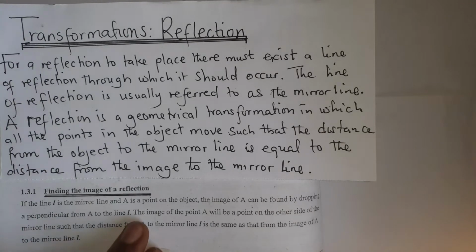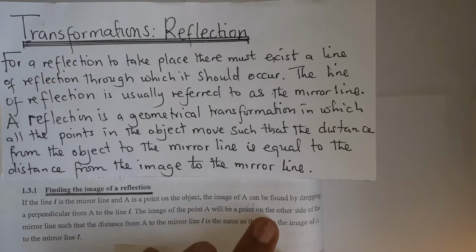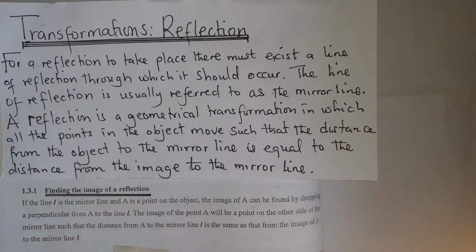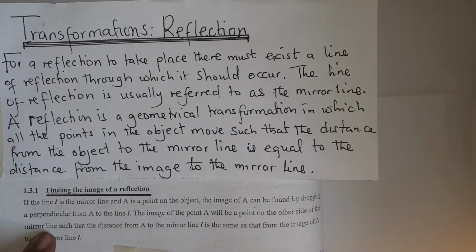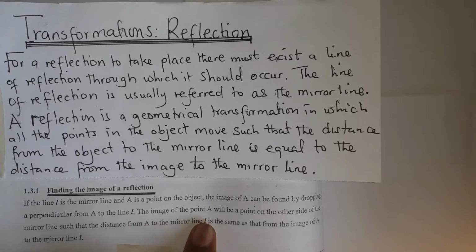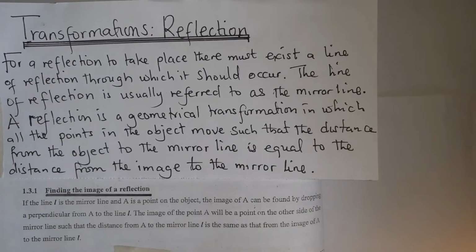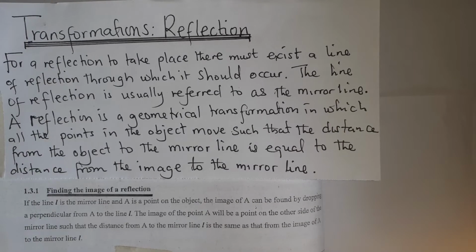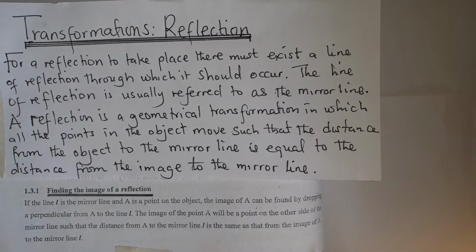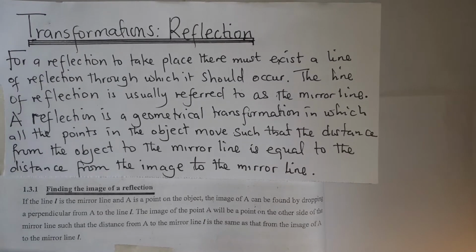The image of the point A will be a point on the other side of the mirror line, such that the distance from A to the mirror line is the same as the distance from the object to the mirror line. Let us do it practically now, and I'm sure it will make more sense.